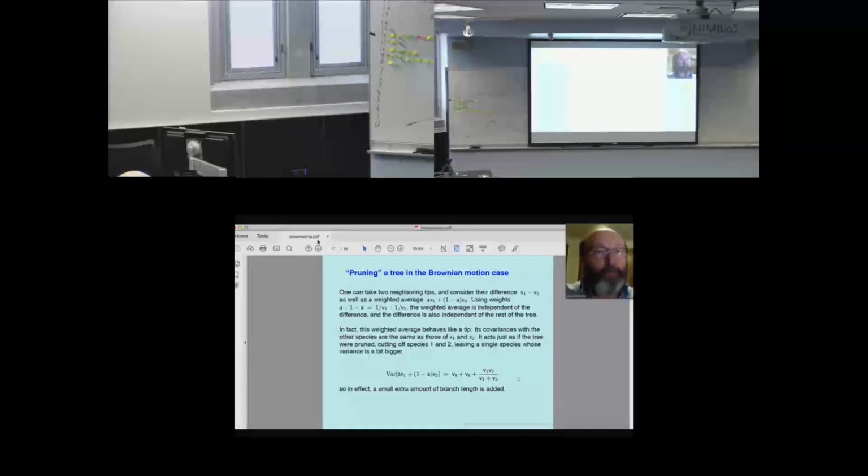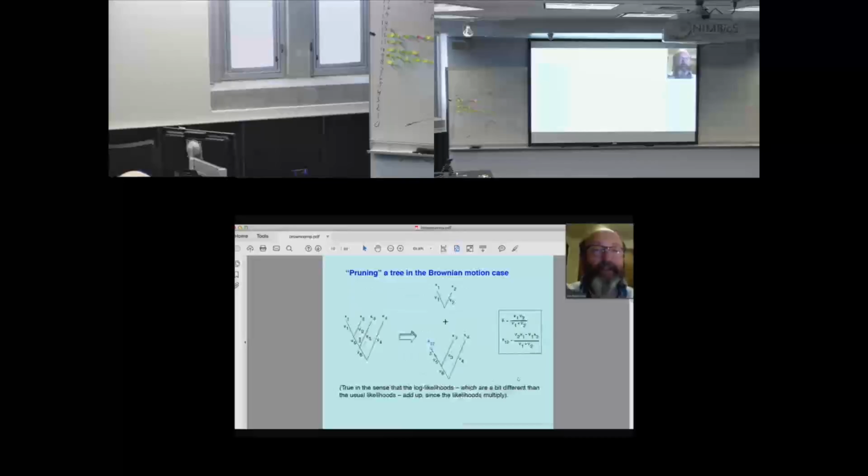And let me show you perhaps a little diagram of this. Here's a 4-species tree. If we take x1 and x2, we can compute the difference, x1 minus x2, and a weighted average, the weighted average being computed with these variances, v1 and v2.